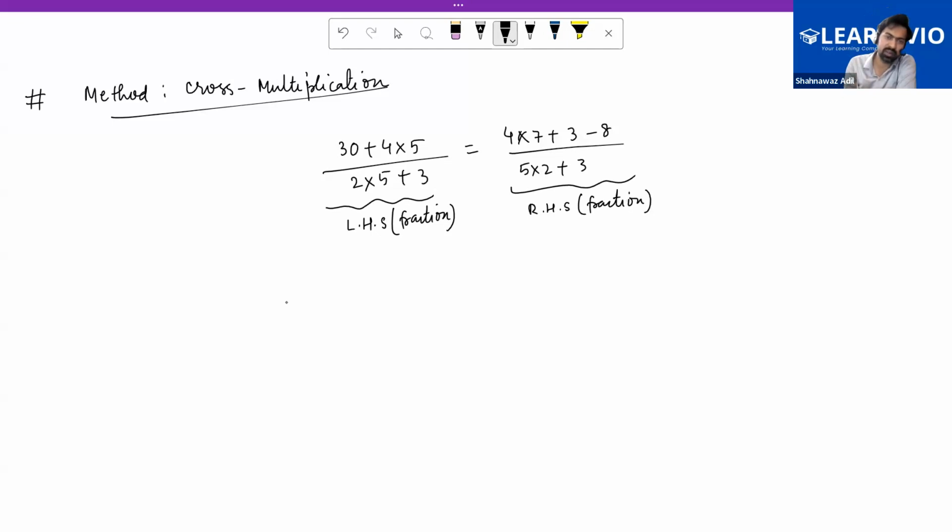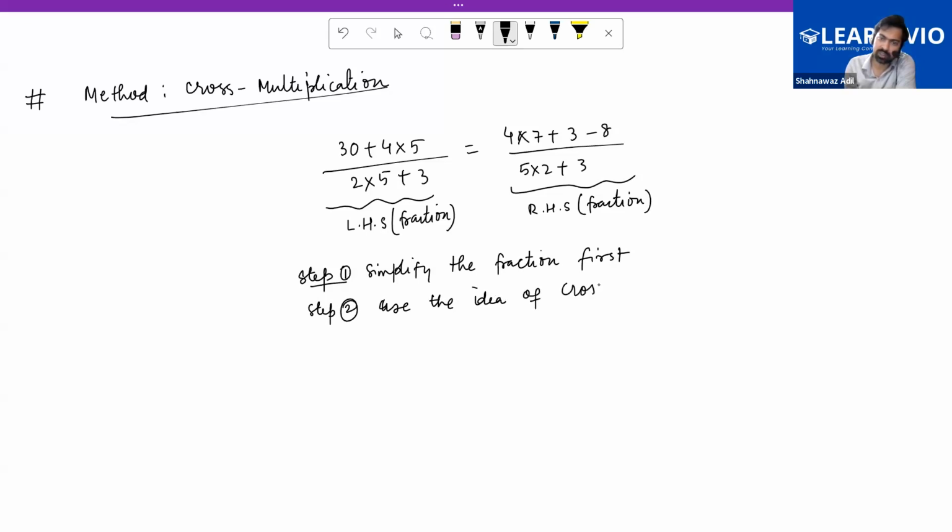In this kind of question, what should you do? Step one is to simplify the fractions first. And the next step is to use the idea of cross multiplication.